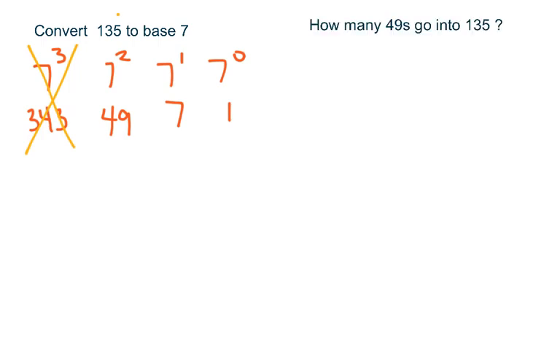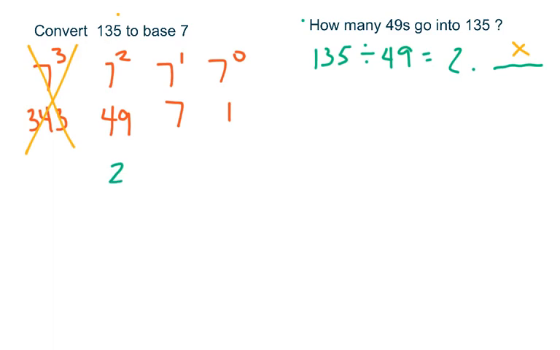To start out, I need to figure out how many 49s there are going to be when I write this base 7 number. And the way that I answer that question is I ask myself, how many 49s will go into 135? So we'll divide 135 divided by 49, and I get an answer of 2 point something. We don't really care about this something. What we care about is that 2, because that tells us that in my base 7 number, I'm going to have a 2 in the 49s place.